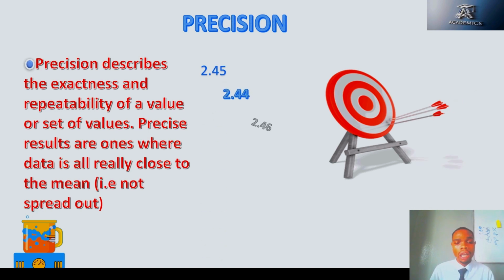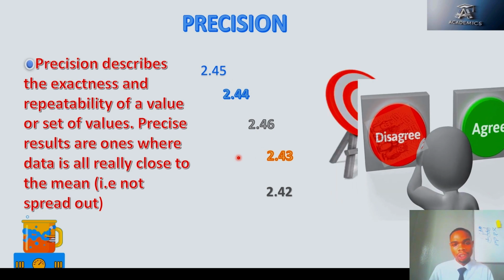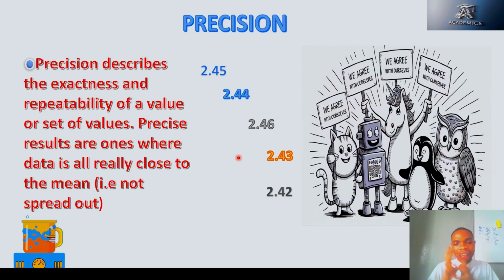Precision helps us to understand how agreeable a given set of data are to each other. Understand, these data agree with themselves because they are not spread, but close. Precise results are ones where data is all really close to the mean. Let me show you an example.